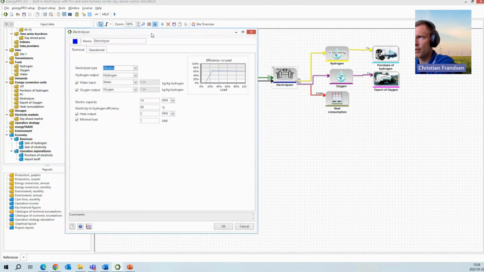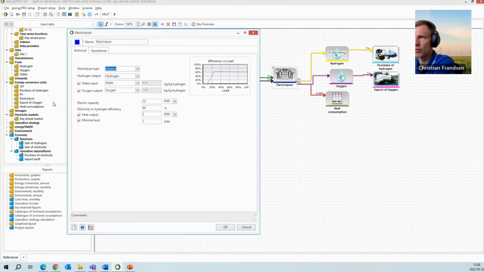In order for this electrolyzer to work, you must at least have a hydrogen fuel, and this hydrogen fuel, in order for the electrolyzer to calculate the right efficiencies and energy conversions, must have a heat value of 33.3 kilowatt hours per kilogram, and it must be measured in kilograms.